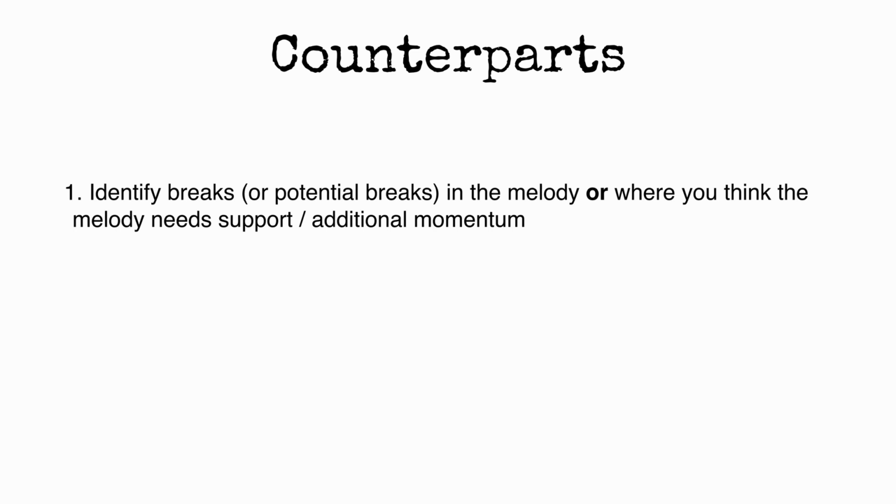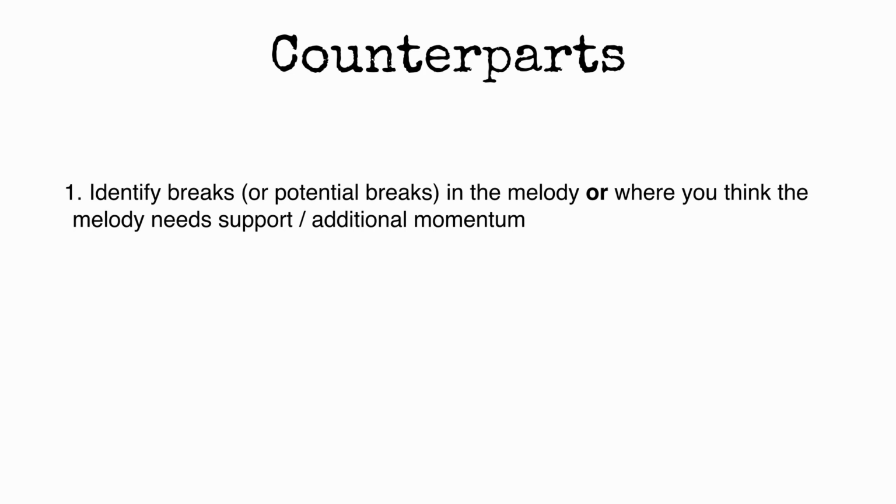And a good counterpart should blend and bounce back and forward between those two. It's not that you have a counterpart that just only fills the gaps and then stops, or only harmonizes and then stops. It should move between filling the gaps and having movement and also harmonizing. So it should bounce back and forth between the two.